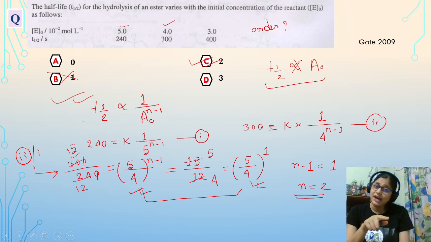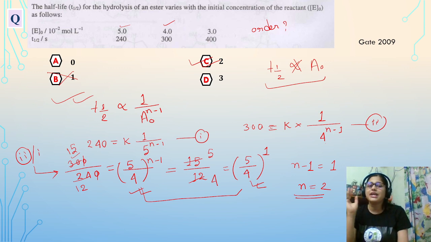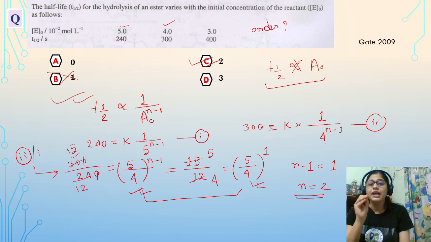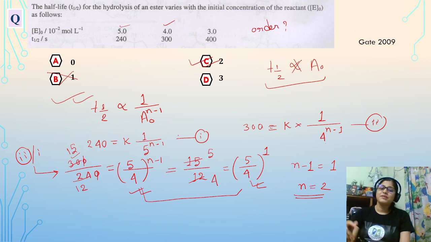I previously told you in the part on how we can determine the order of a reaction that if we know the various T half values and various initial concentrations of reactant, we can determine the order of reaction. So here it is an example. Okay.